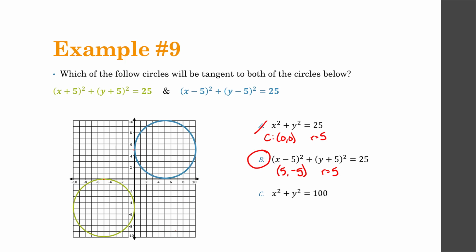All right, now the last problem. X squared plus y squared equals 100. This has a center of 0, 0, and a radius of 10. So here's my center, and then I'm going to go 10 up, 10 left, 10 down, and 10 right. Connect them.